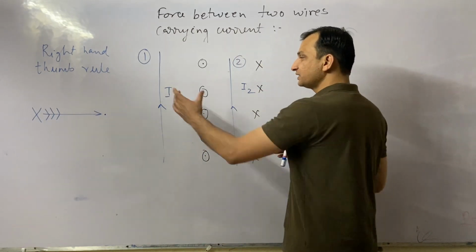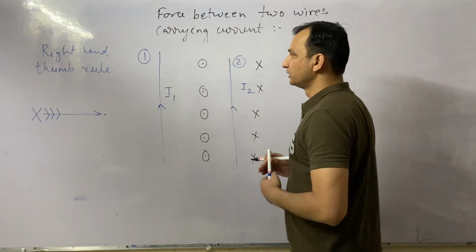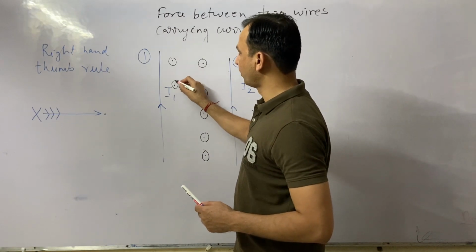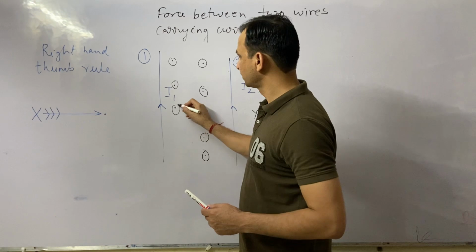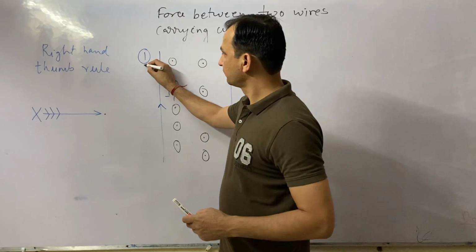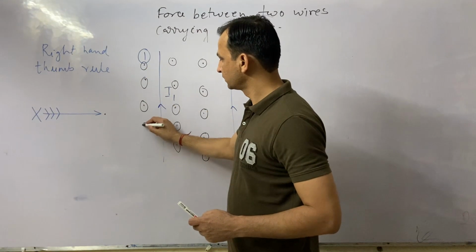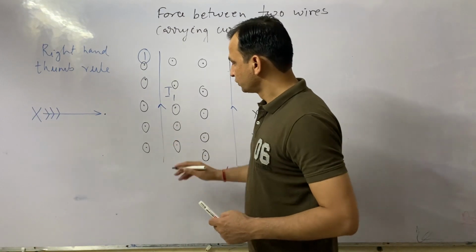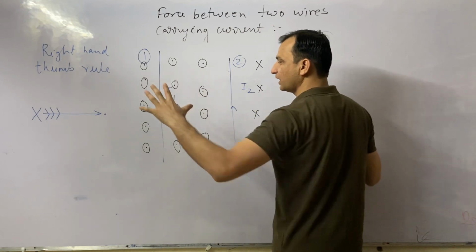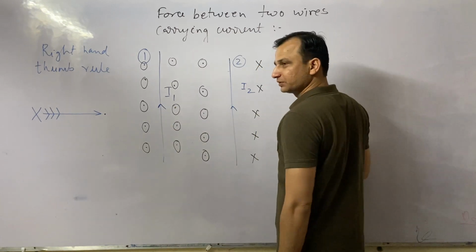Now, as wire 1 is kept close to wire 2, it will be in the magnetic field of wire 2. So magnetic field lines to the left of wire 2 are coming outward, and in those magnetic field lines, this wire 1 is kept.